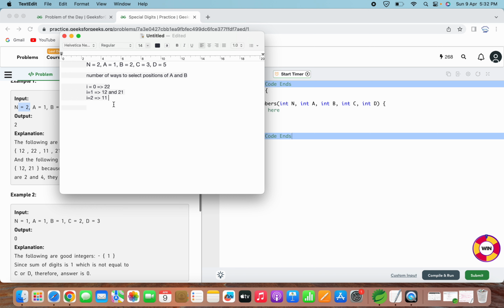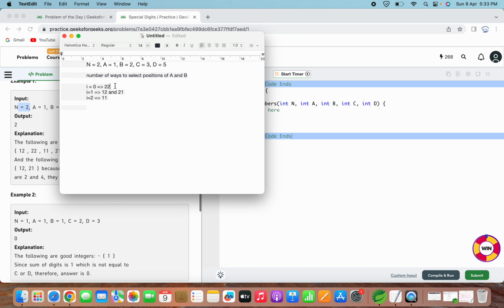1, 2, 3, 4. Okay, so now counting the number of best integers among the good integers, we have to check whether the sum of the digits of each good integer obtained in this step contains only 3 and 5.